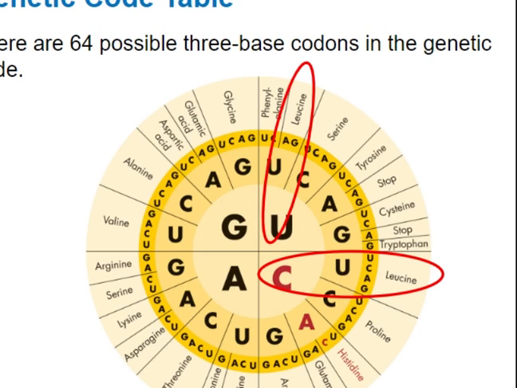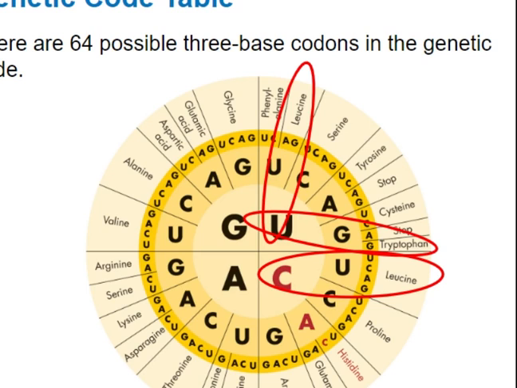Only one codon, UGG, specifies the amino acid tryptophan. So you can have one codon for one amino acid, or you can have 6 codons, all of which code for one amino acid. Each amino acid is a little bit different. Some of them have multiple codons, some of them have only one codon.